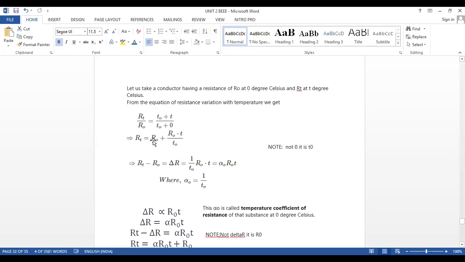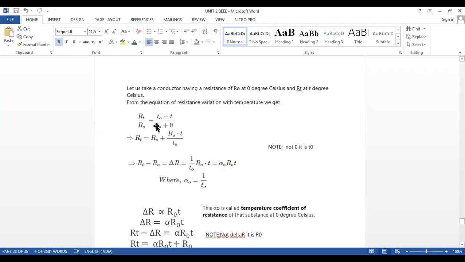So now R0 into 1 is R0, plus I am sending R0 inside this particular expression: R0 into T by T0. Let me explain once again. This denominator should be T0. So what is the expression? Resistance value at new temperature by resistance value at 0 temperature. But the 0 temperature value will not be constant.